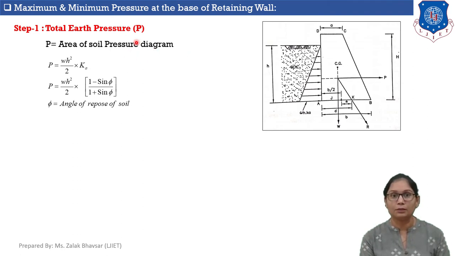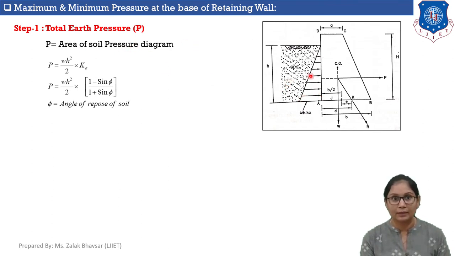So total earth pressure P is equal to the area of the soil pressure diagram. Here you can see that the dotted portion represents soil behind the retaining wall and this triangle represents the soil pressure diagram.